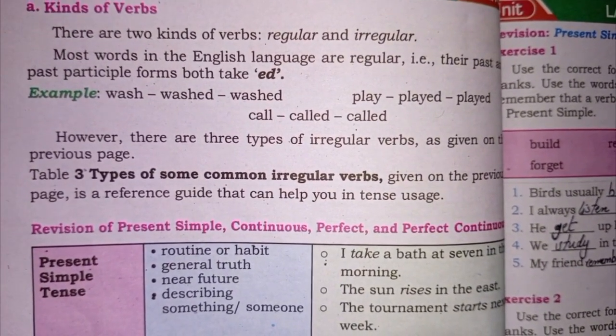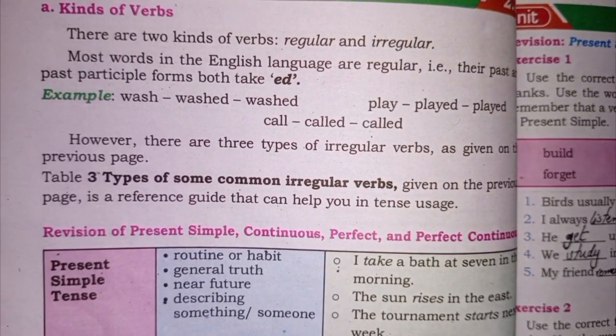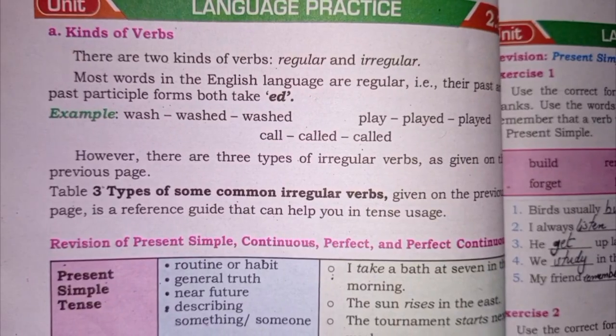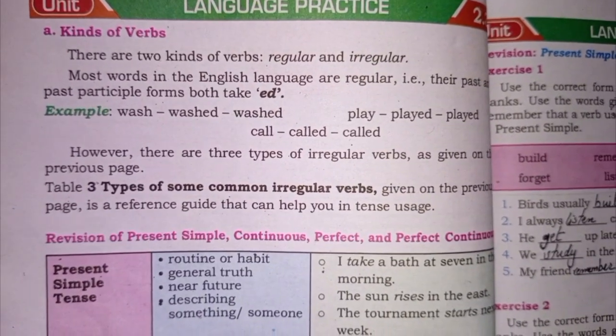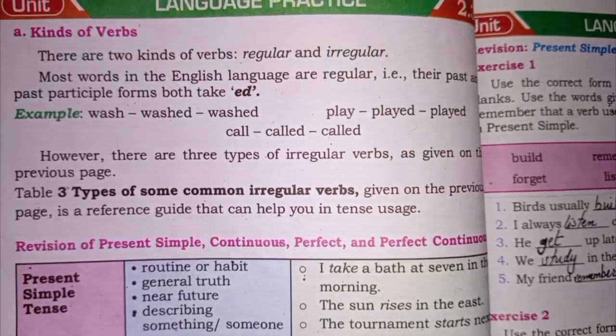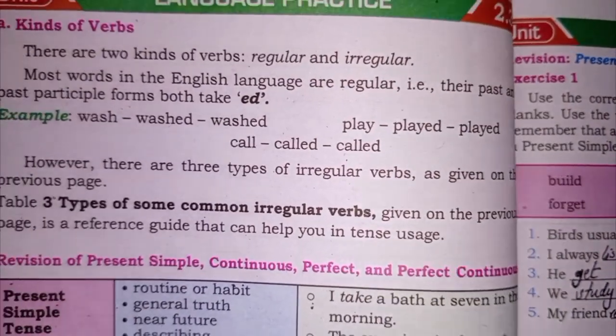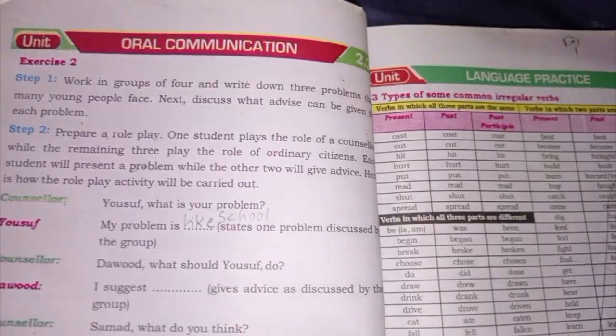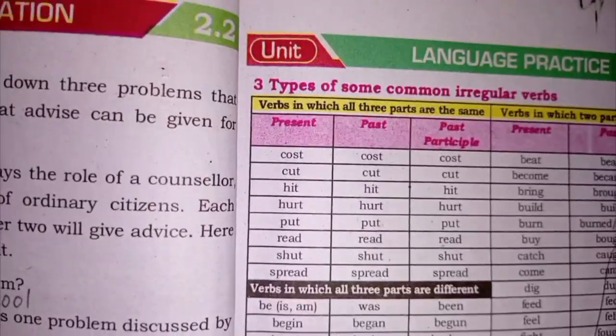The irregular verbs have three rules to be made. In a simple way, you can say that the irregular verbs are of three types and they are made according to some rules. So come to the points.